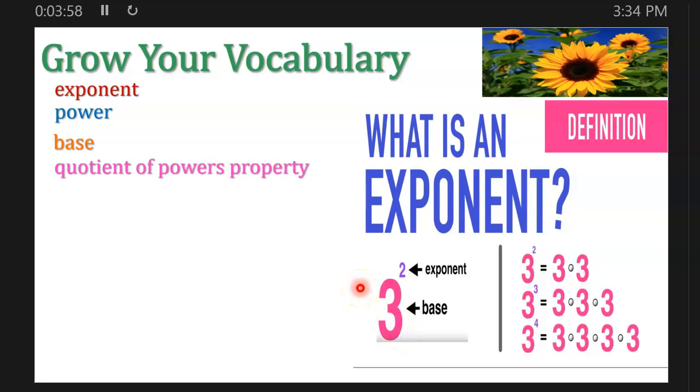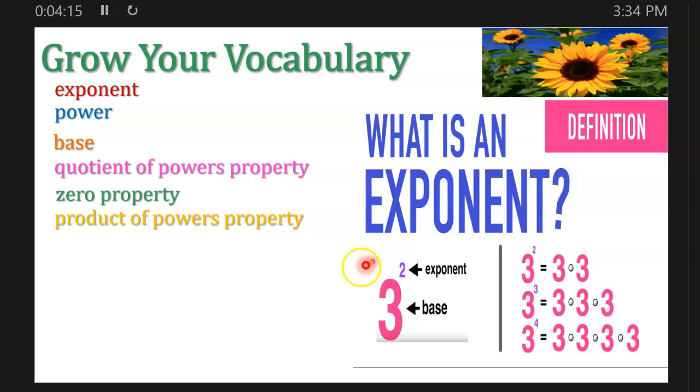And we are going to talk about properties of exponents. Now, today's video is going to have the quotient of powers property, and it's also going to have the zero property and the product of powers property. Okay, so we're talking about quotients and products.